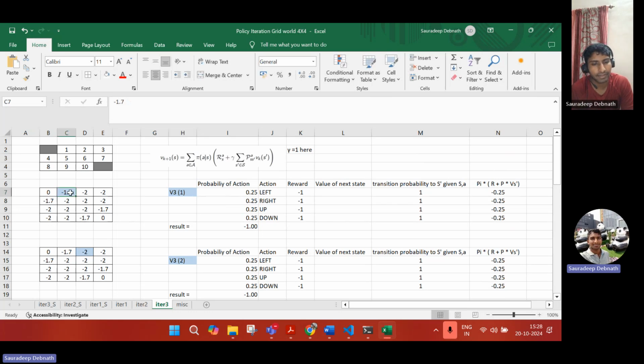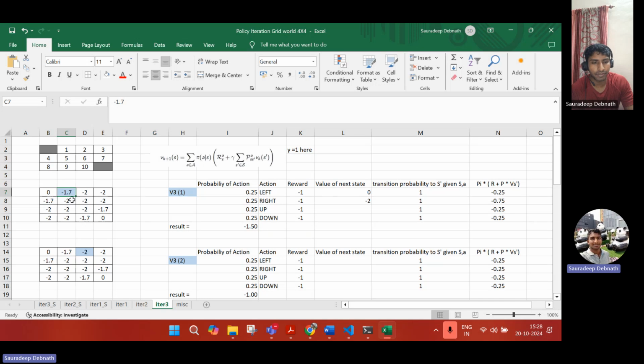I am here at cell 1. I could go left, right, below, or up, right? If I go up, I'll remain in the same cell. And if I go to the left, we'll go to a state which has a value of 0. And reward is always -1 in this entire game. It will never change. Now, what would happen if I go to the right? I'll go to this state, -2.